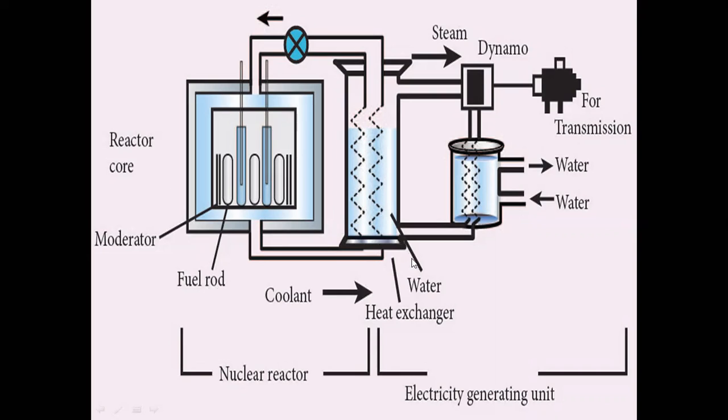This is the water, and this is the heat exchanger, with water outside and water inside, and this is the reactor core, and this long rod is the control rod. So the steam goes outside, and this is the dynamo and transmission. This is the nuclear reactor picture.